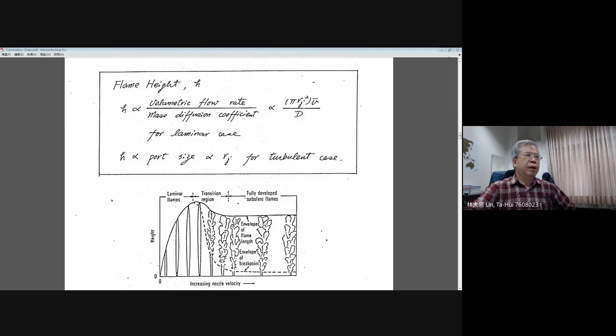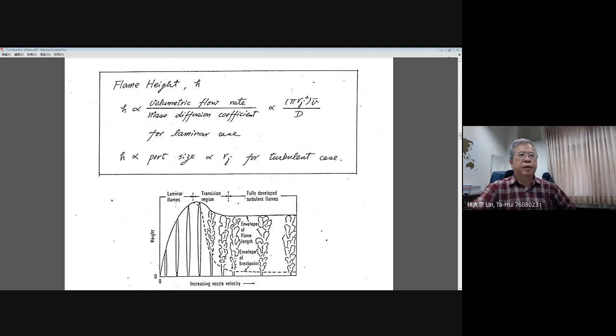And here the flame height h is proportional to the volumetric flow rate, but inversely proportional to the mass diffusion coefficient. Then you can write it down as pi r_j squared, where r_j is the radius of the jet port, times the average injection velocity, and the denominator represents the mass diffusion coefficient.